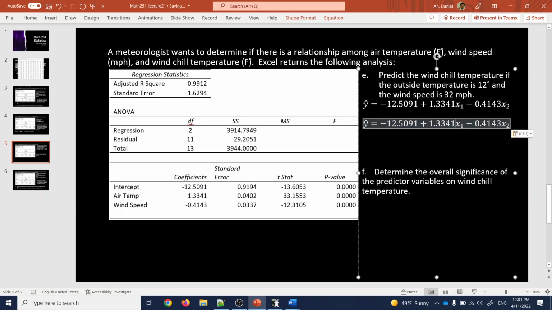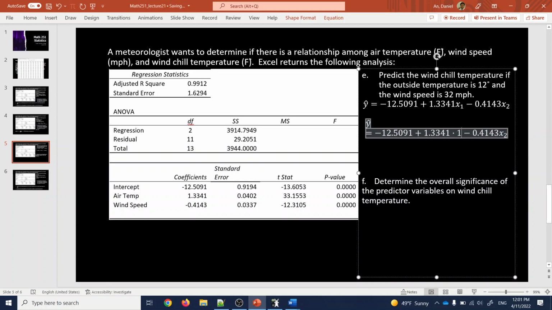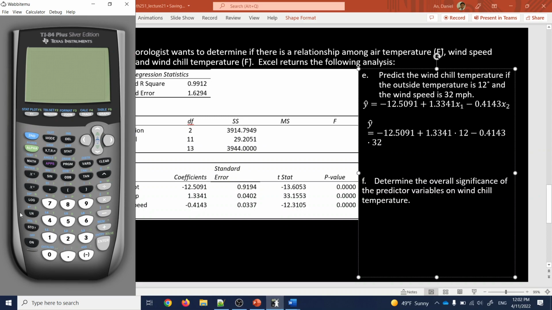So let's see, 12 and x2 would be 32. Okay, let's put that into the calculator.